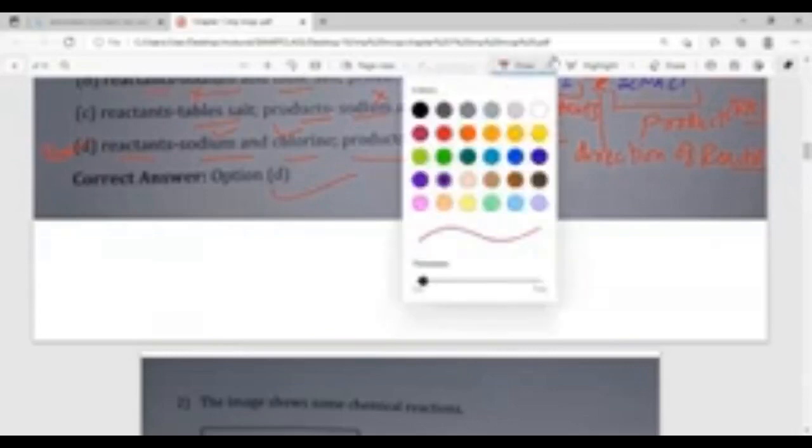Please remember, my dear students, that our table salt has various names. Table salt is also known as sodium chloride. Table salt is also known as common salt, or it is also known as simply salt.